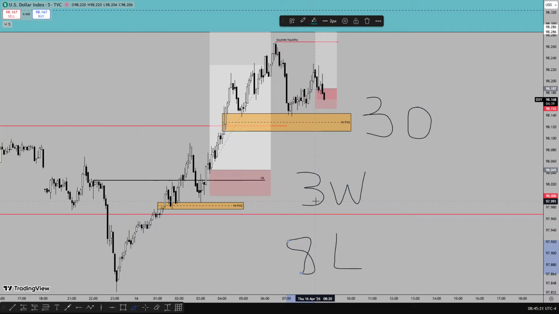So for those that don't understand, you know what I'm actually talking about. If you were to take a loss on this trade setup, so let's say you took 3 wins, that should be a 27% win rate.